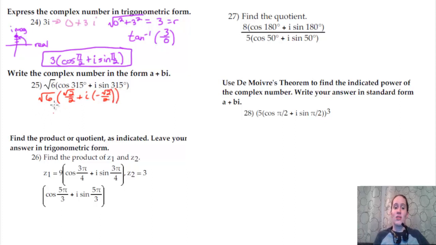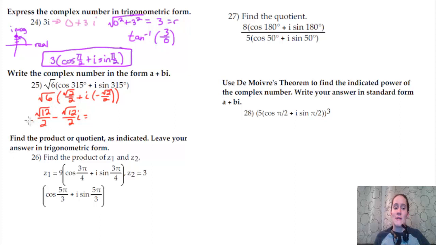And then let's distribute the square root of 6. If we distribute it, that multiplies with the square root of 2 to get square root of 12 over 2. This minus will come in front to make it subtraction. Square root of 12 over 2i. Now this actually will simplify some.